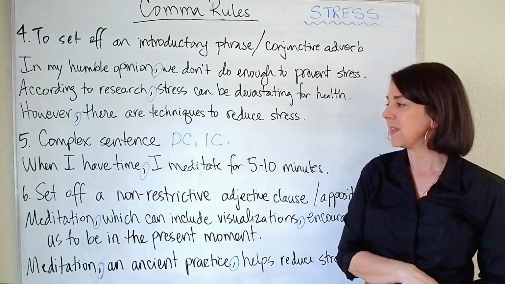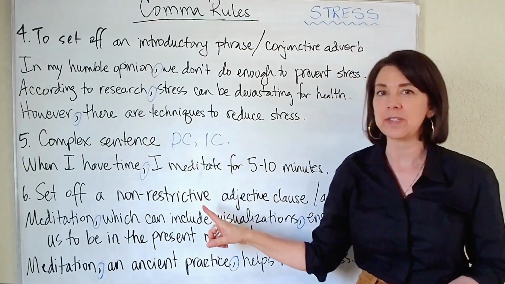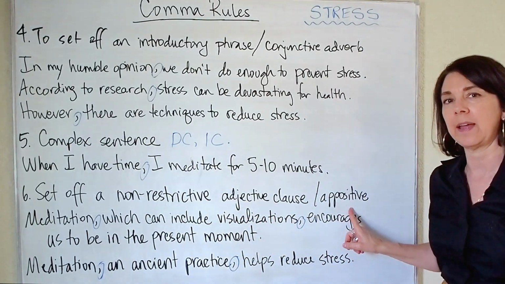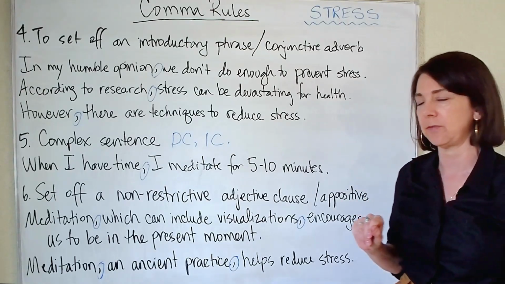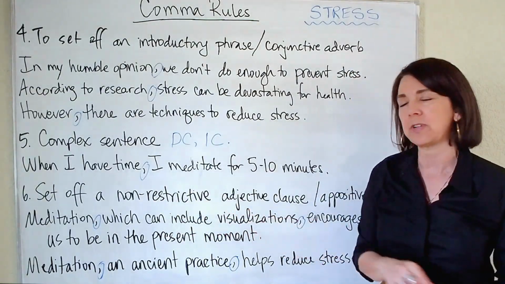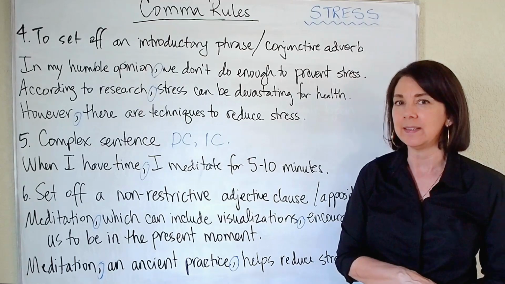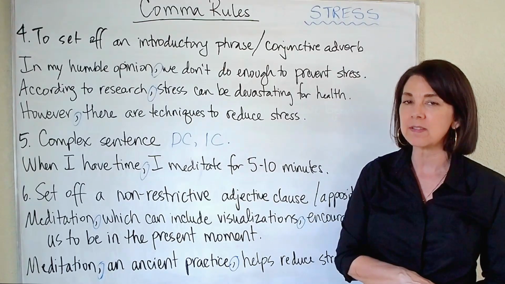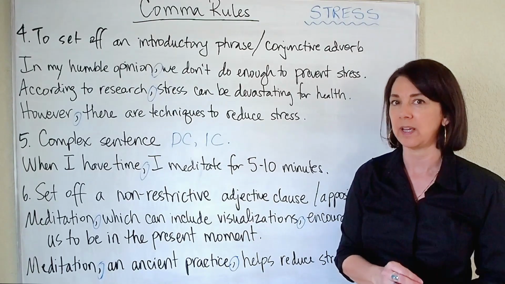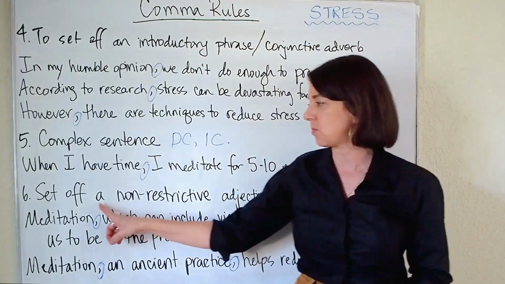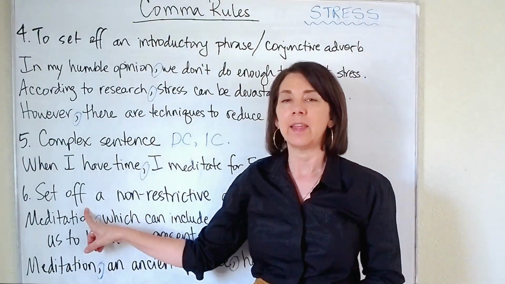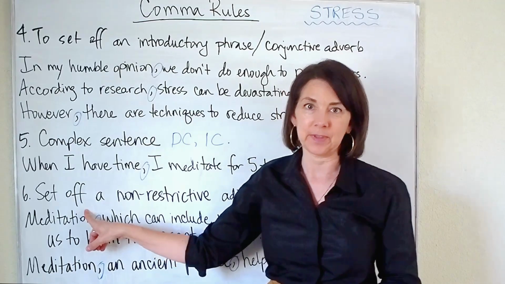Number 6, to set off a non-restrictive adjective clause or an appositive. All right, let's look at the first one. What is a non-restrictive adjective clause? It is an adjective clause, so it's a clause. It has a subject and a verb, and it describes the noun that comes right before it, okay?